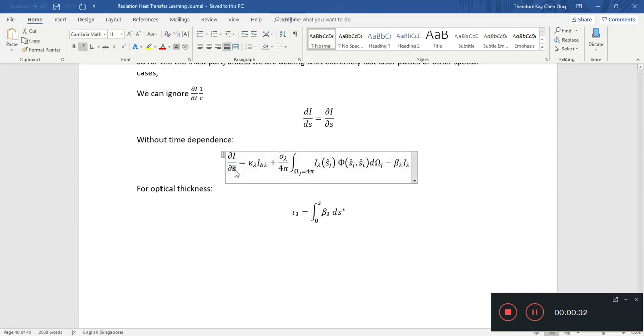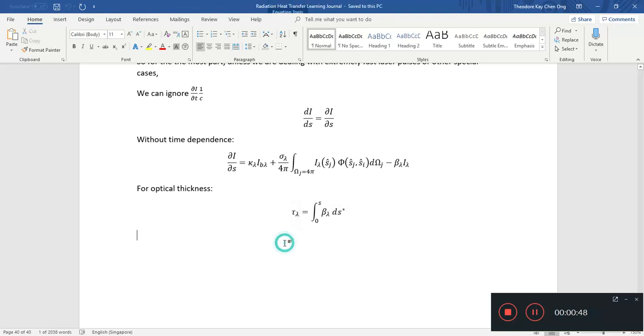Instead of using S, the direction the radiation is traveling towards, as the independent variable, we can use this optical thickness, which is more consistent across the mediums and provides a better basis of comparison.